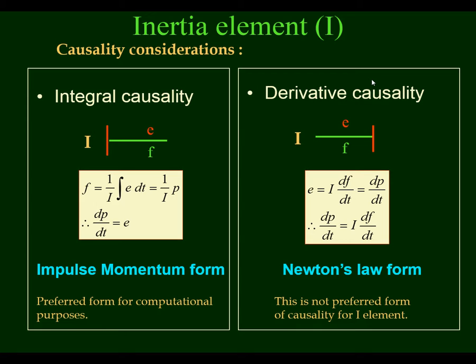The two equations that are possible for this element are written there on the left hand side. In this case, the flow is the output, and on the right hand side the effort is the output.